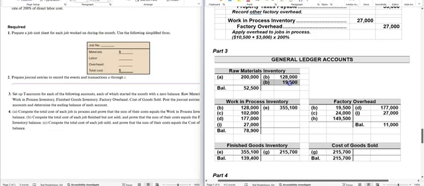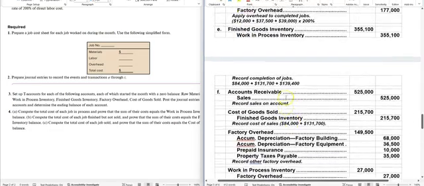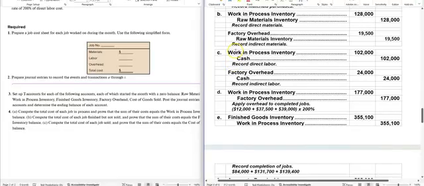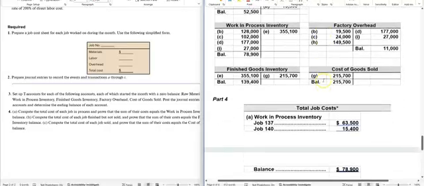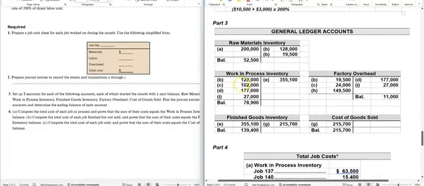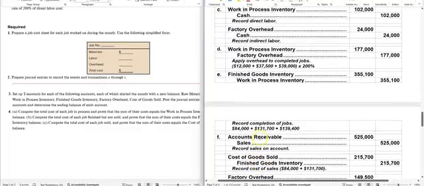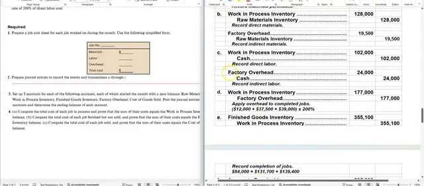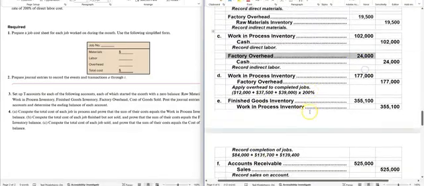Credit raw materials, debit factory overhead. Debit work in process for 102. We're not worried about cash, so I'm going to debit work in process for 102. Debit factory overhead for 24.